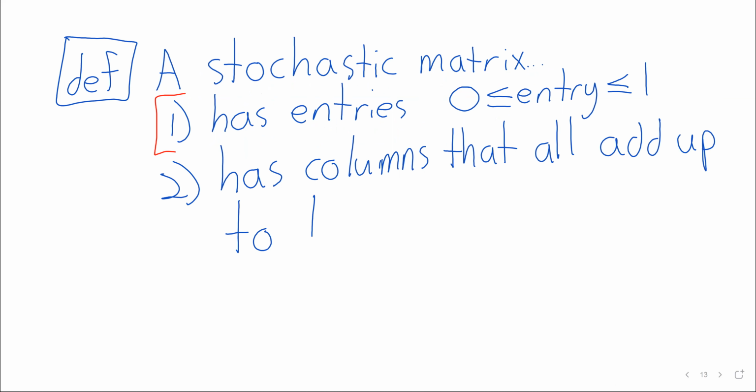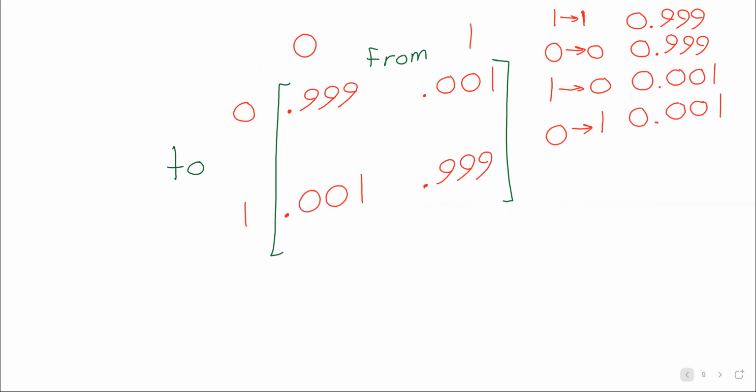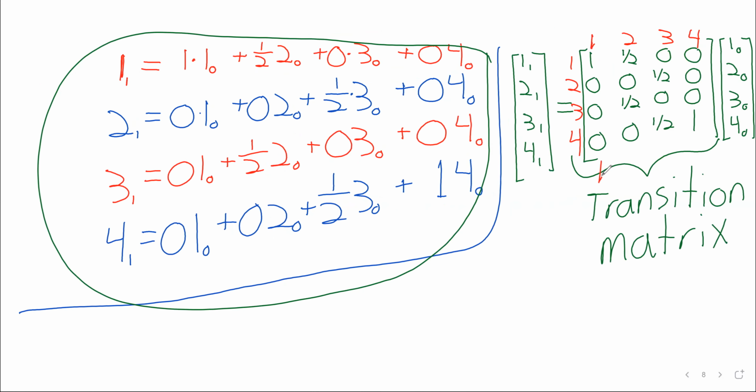What about the restriction that the columns all add up to 1? If you look at the transition matrices we've written down, it's certainly true that they've all had this condition.